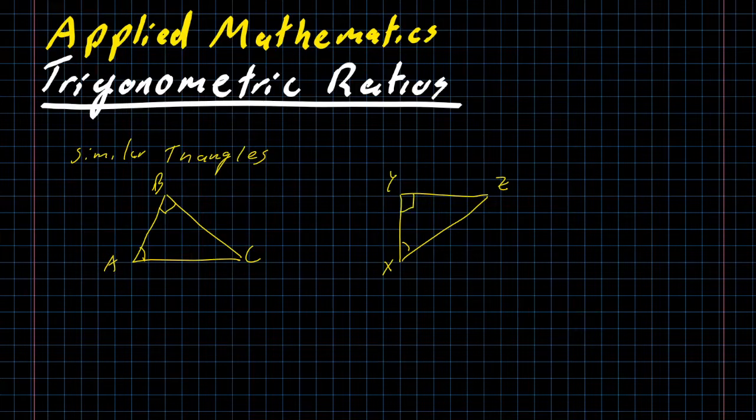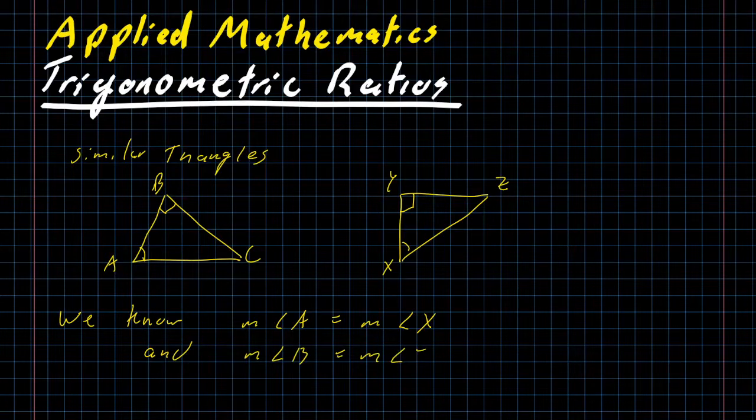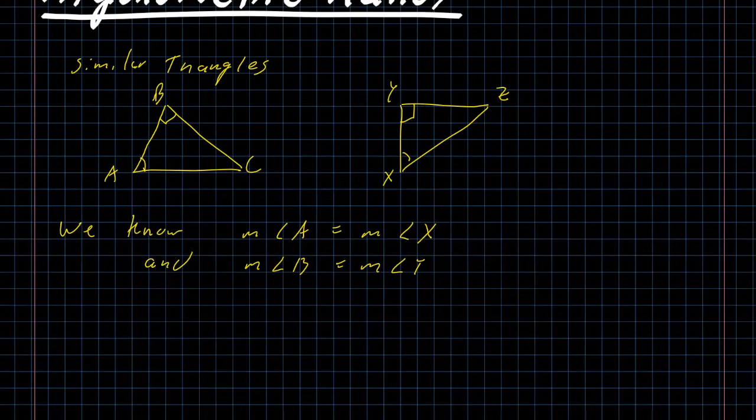Let's say that the angle at A and the angle at X match up, and angle B and angle Y are both right angles. If that's all we know about the triangles, right, the measure of angle A is equal to the measure of angle X, and the measure of angle B is equal to the measure of angle Y.